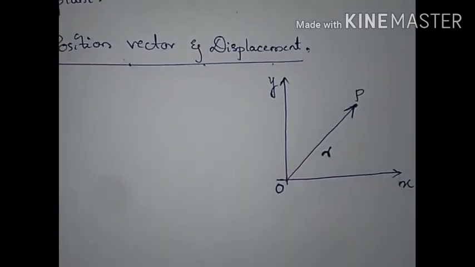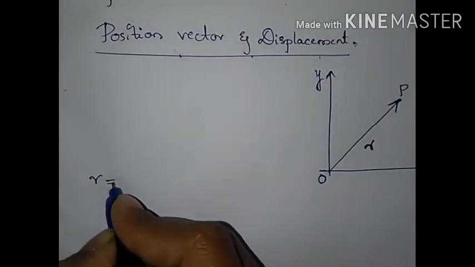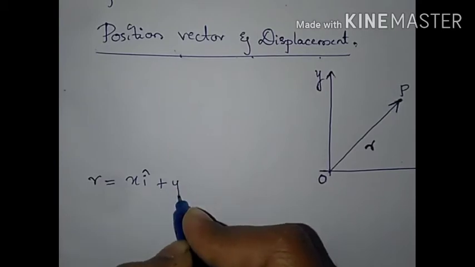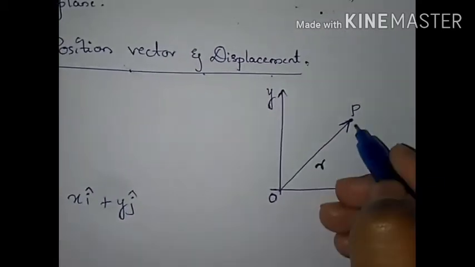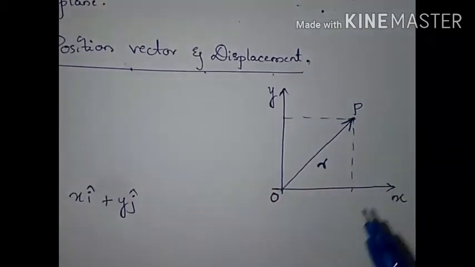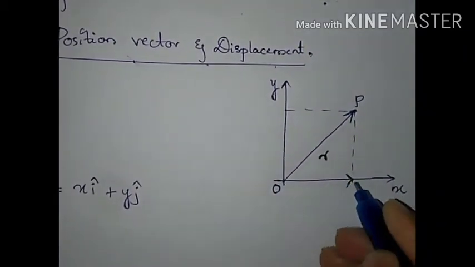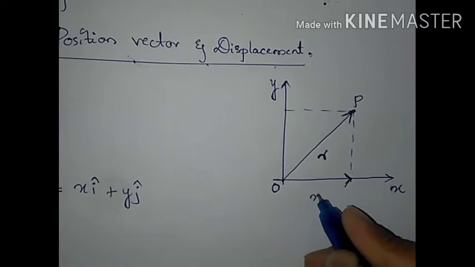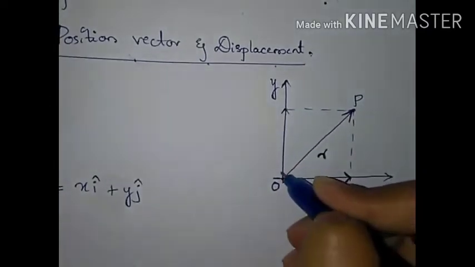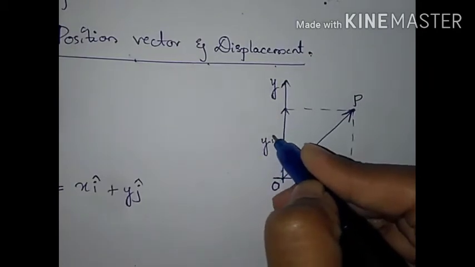So now this r can be written as what? r is equals to x i cap plus y j cap. How? If you draw the perpendicular line from here, then from here to here forms x i cap. i cap gives the direction, and from here to here is y j cap.